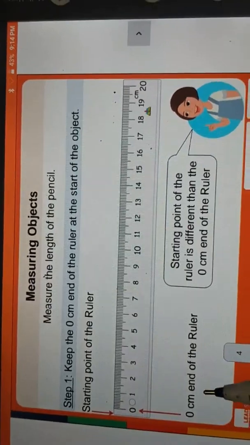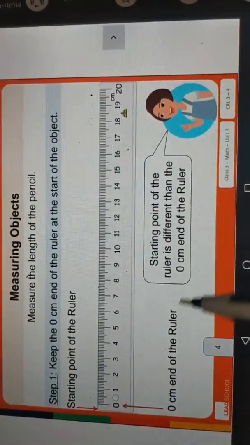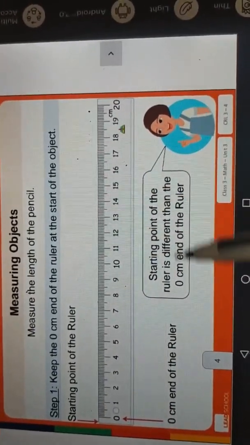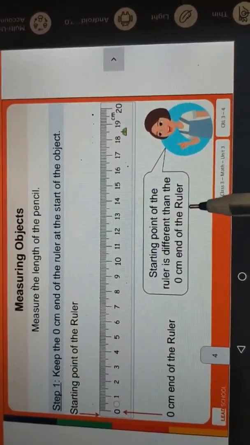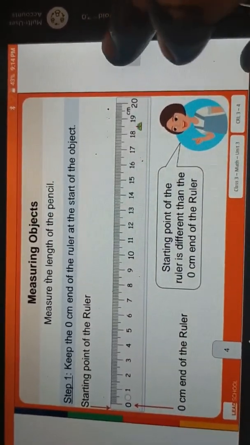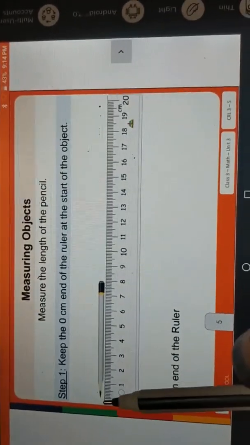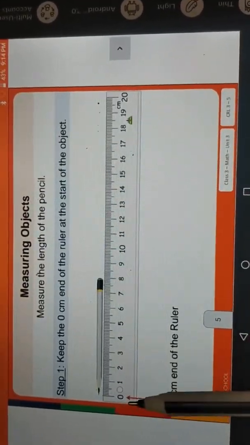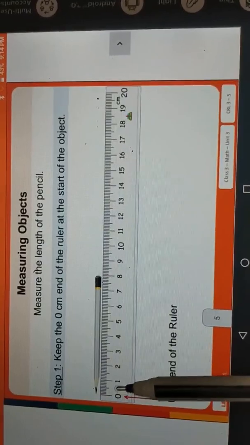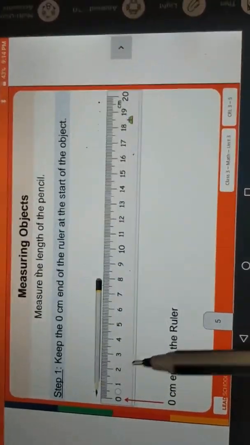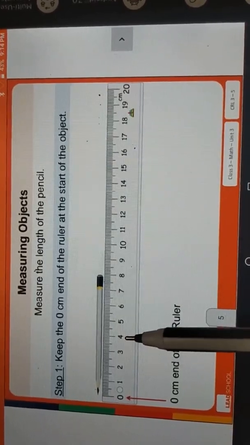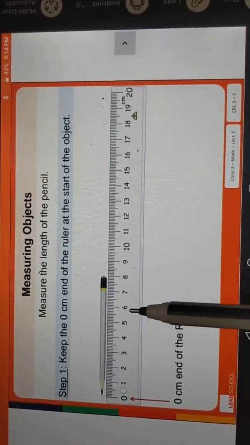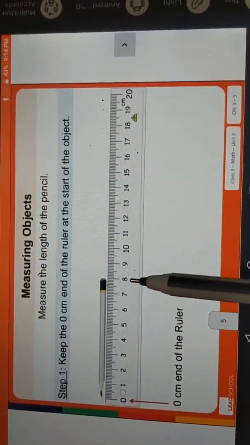The 0 centimeter end of the ruler, the starting point of the ruler, is different from the other markings. So students, let's see, 0 to 1 centimeter, 1 to 2, 2 to 3, 3 to 4, 4 to 5 to 6 to 7 to 8.